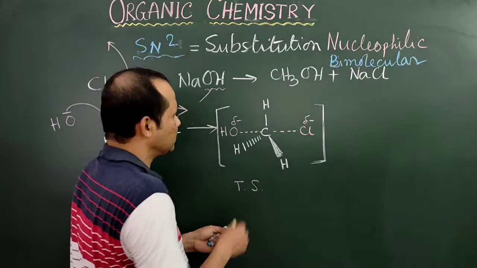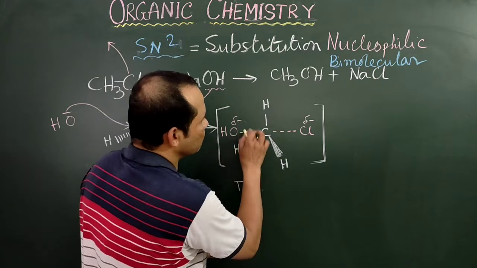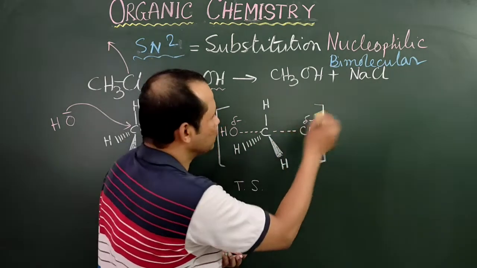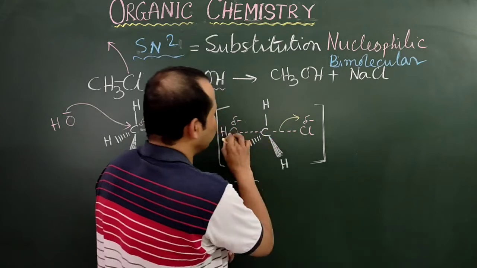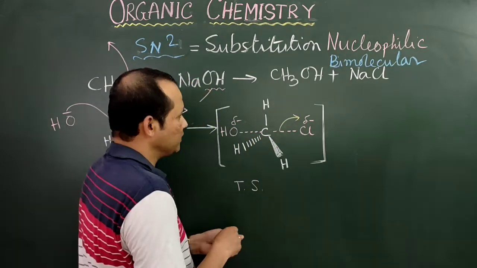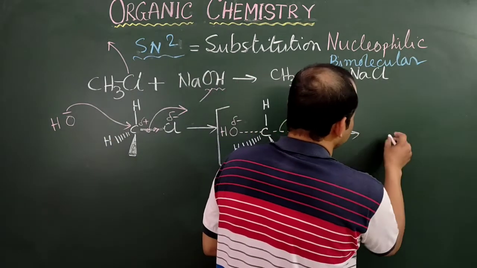Now what will happen next? This bond will be formed totally and this will be clipped totally. So this will go away and this will be formed totally, leading to the formation of this.